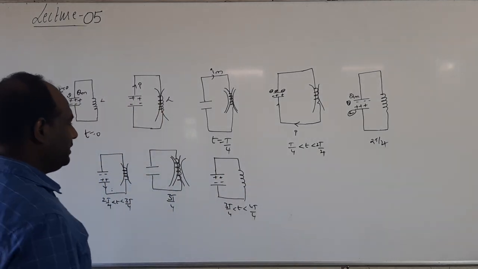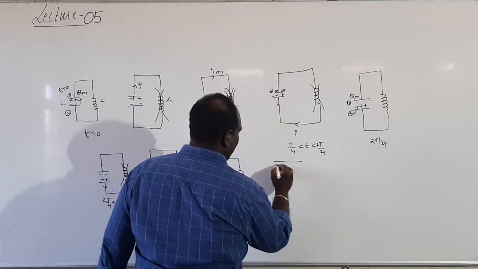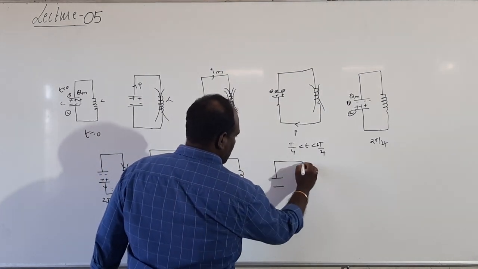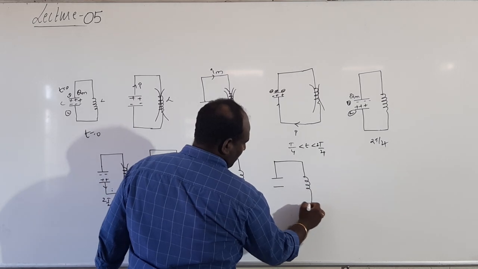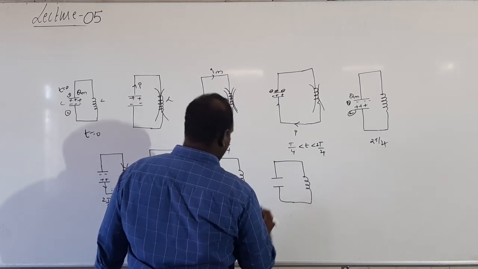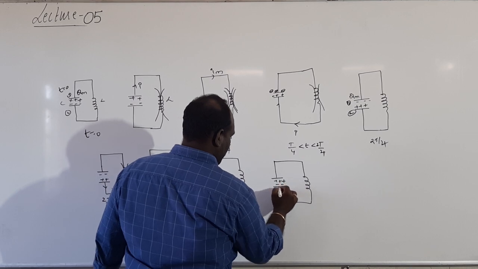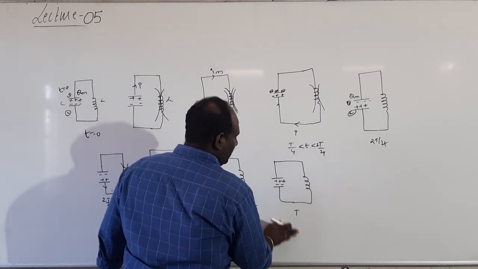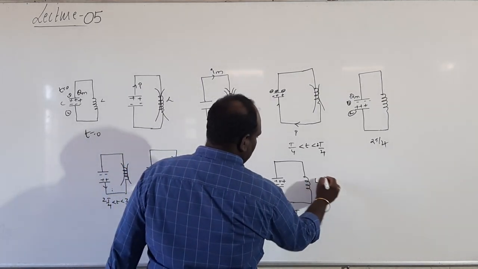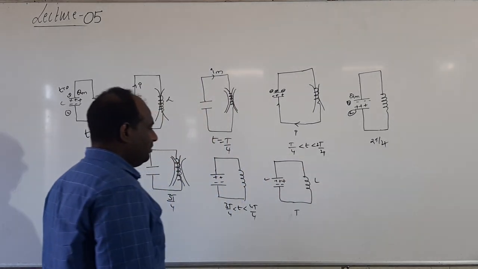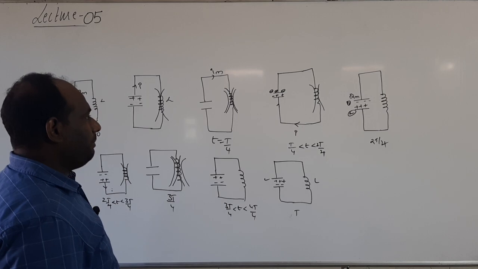The capacitor charges in the reverse direction at t/4 seconds. At t seconds, what can we observe? This is the inductor, this is the capacitor. So the total energy is stored in the capacitor.